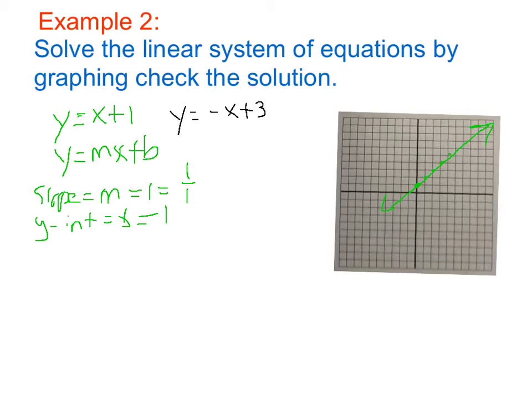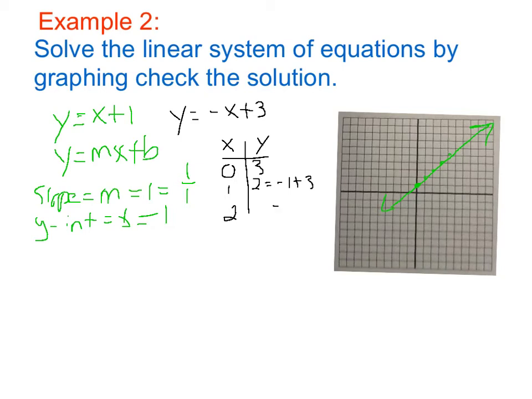And then for the equation here, in black, y equals negative x plus 3, I'm going to do a t-chart. Refresh your memory on that. Let's pick some values for x. Say I use 0, 1, and 2. If I plug a 0 in for x, 0 plus 3 is 3. If I plug a 1 in there, that becomes negative 1 plus 3, which is 2.